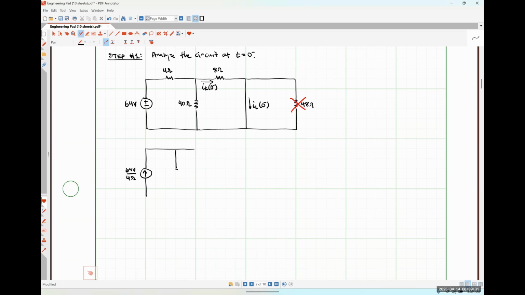I'm going to have my 4 ohm resistor here in parallel. I'm going to have a 40 ohm resistor in parallel. And for what it's worth, the 8 ohm resistor is going to be in parallel as well, right? So hopefully we can all see this pretty easily.